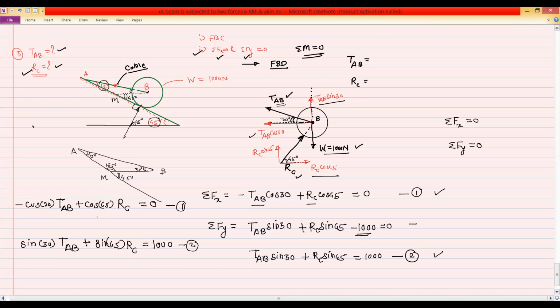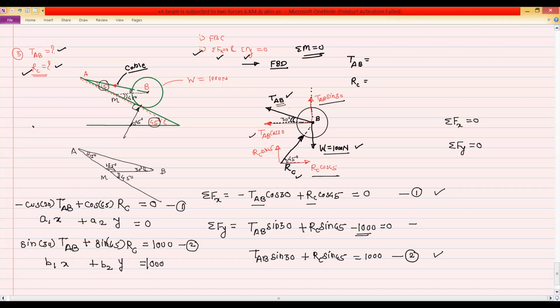If you compare this with the standard form of simultaneous equations, this will be A1x plus A2y and this will be B1x plus B2y. This is equal to 1000, and this equation is equal to 0. Okay.